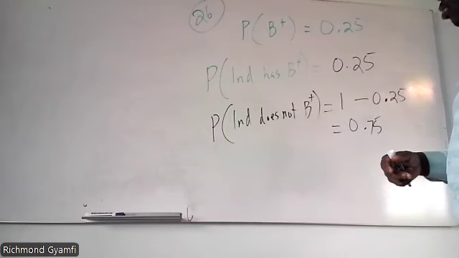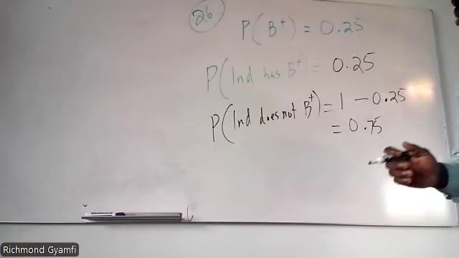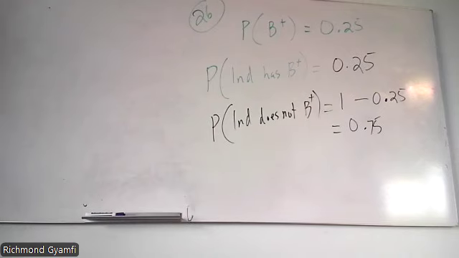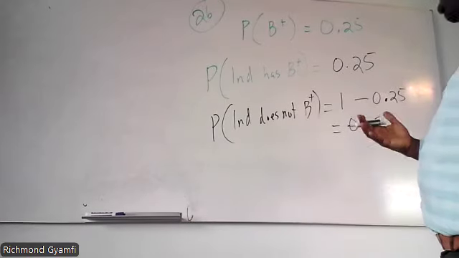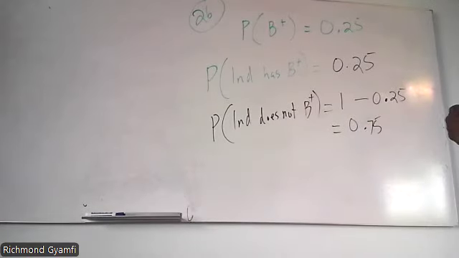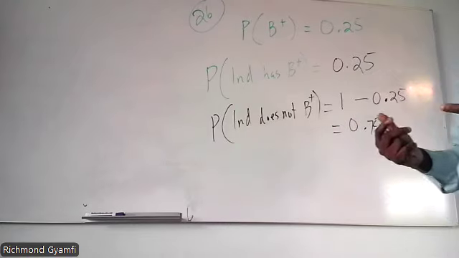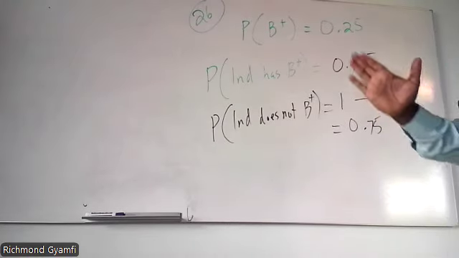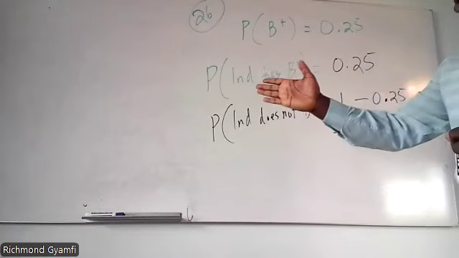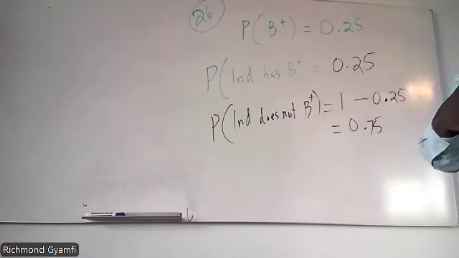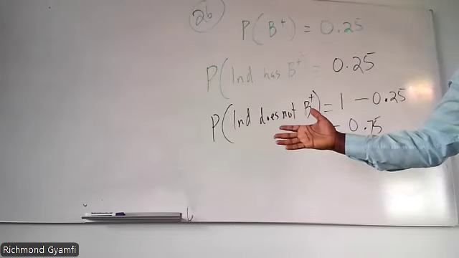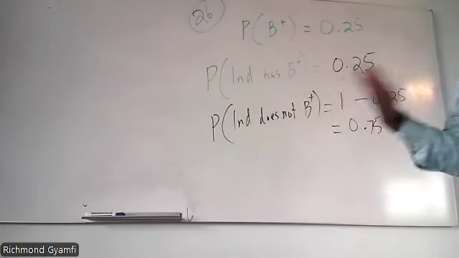So C says, what is the probability both people we survey have type B plus blood? So here, remember, these two people are unrelated. The probability that the first person has B plus blood and the probability that the second person has B plus blood are independent. One doesn't affect the other.